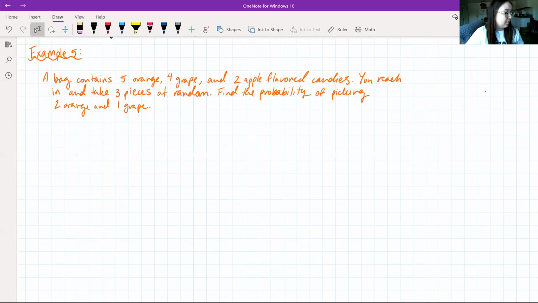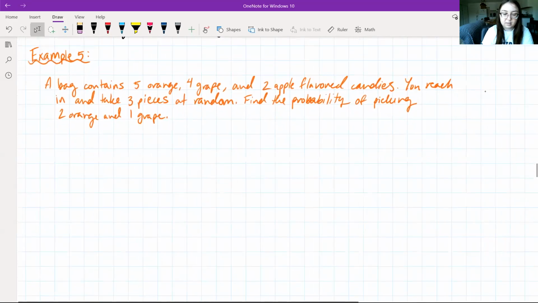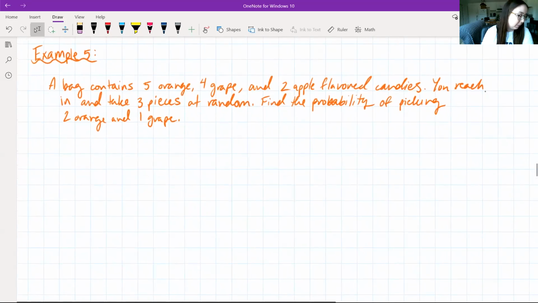All right, so example 5 here. The bag contains 5 orange, 4 grape, and 2 apple-flavored candies. You reach in and take 3 pieces at random. Find the probability of picking 2 orange and 1 grape. Zoom in a little bit here.